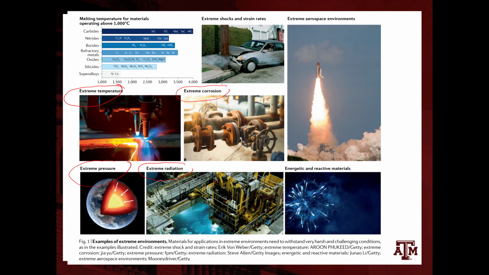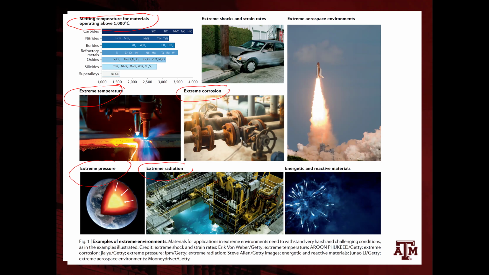One classical or traditional example is high temperature materials. If you are looking for materials that can serve at around 1,000 Celsius, we have a few subcategories of materials. We have some technical ceramics like carbides and nitrides, because those have a very high melting point.